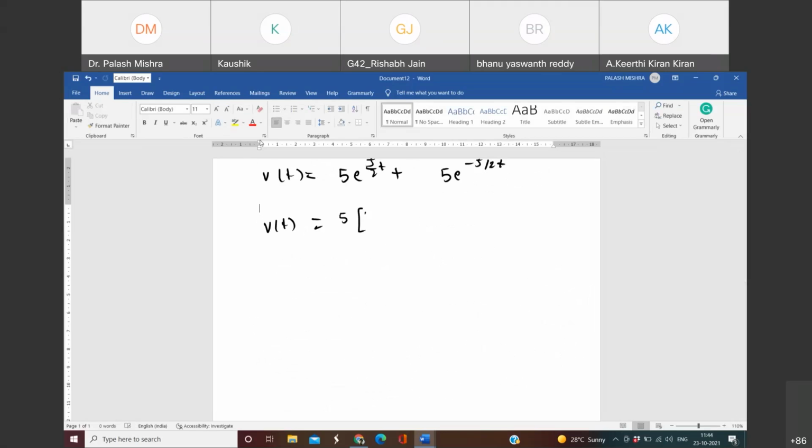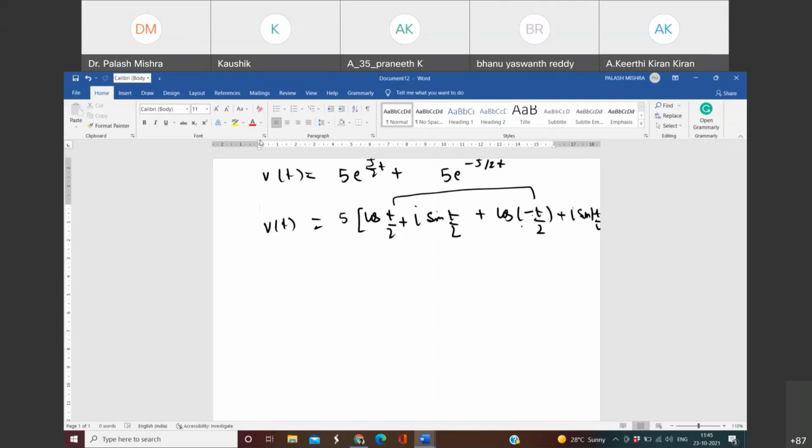V(t) will be 5 cos(t/2) plus j sin(t/2), plus 5 cos(t/2) minus j sin(t/2). I am a bit weak in maths, so please let me know if I am doing something wrong. Cos of minus t by 2 minus j sin t by 2, or you can write cos theta is cos of minus theta.